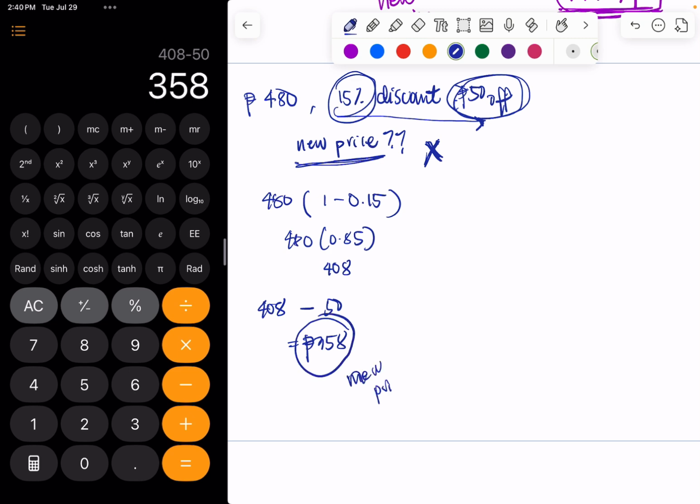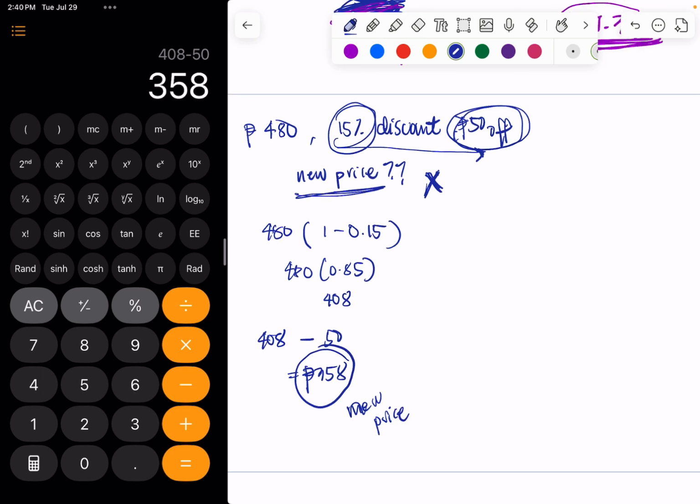So this is now your new price. Now, how about if ang imong nahibawan kay kani si new price? You know that the new price is 358. Then you know that applied here is the 15% discount. This 358 is after 15% discount and 50 pesos off.